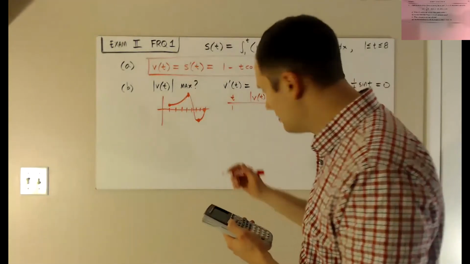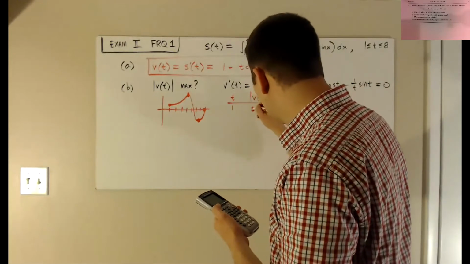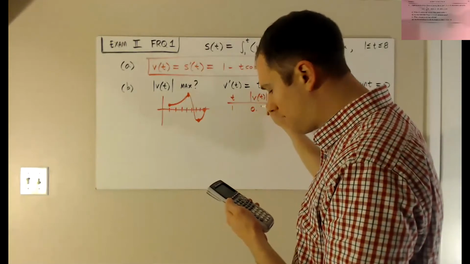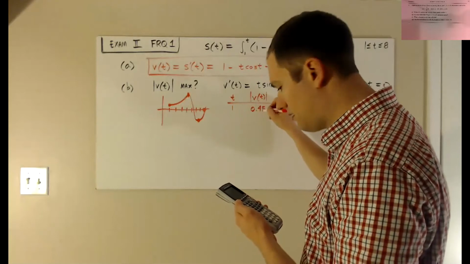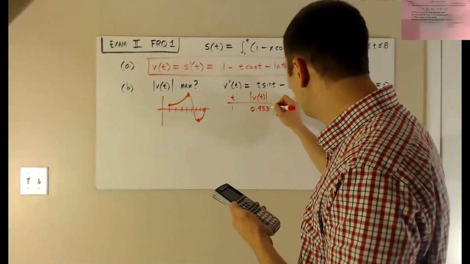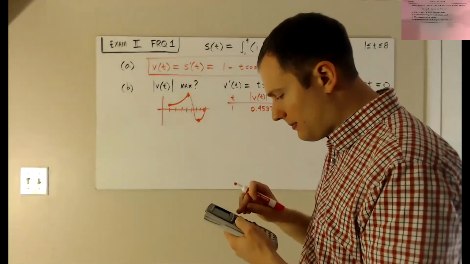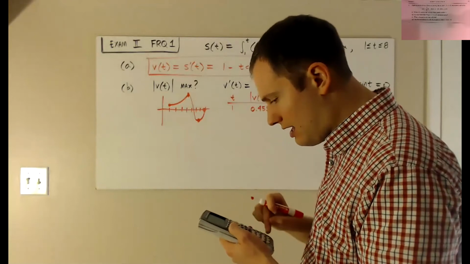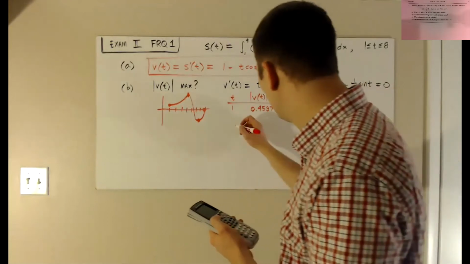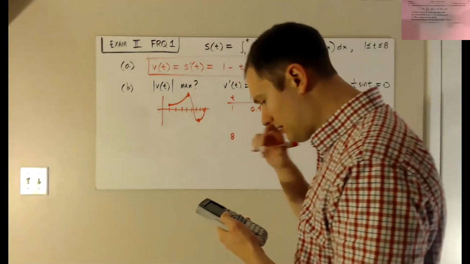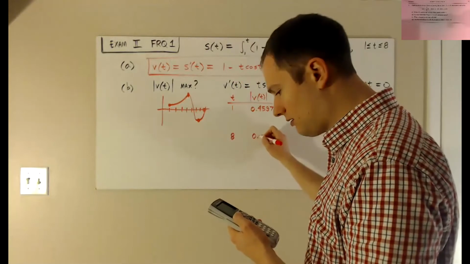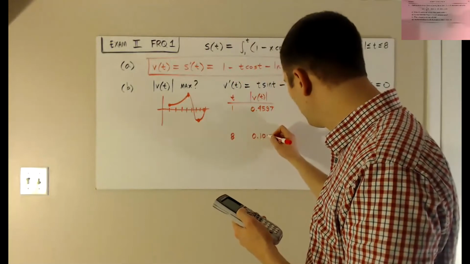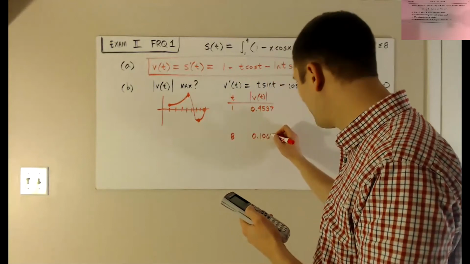Okay, so that value is 0.4597, and at 8 it's 0.1067.